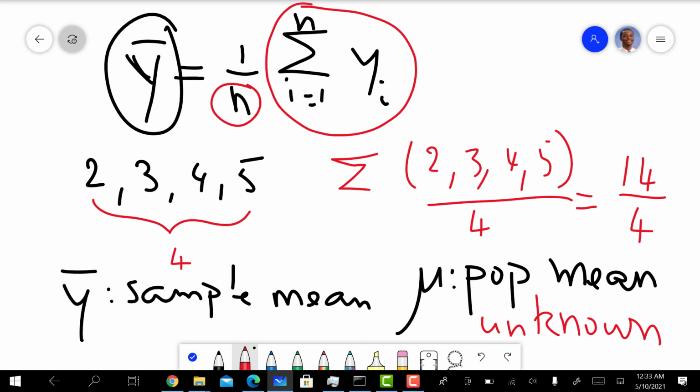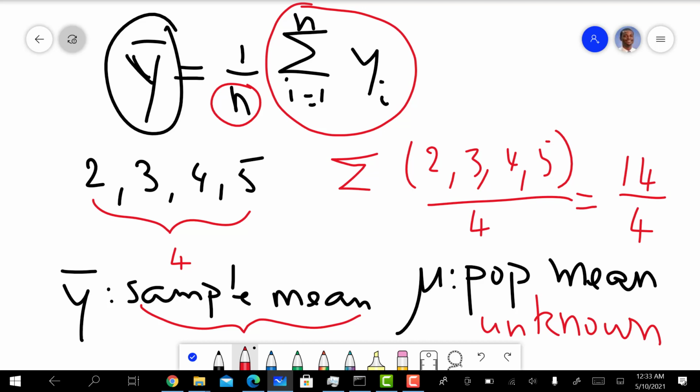The only way you can read the population mean is to get some type of sample, which is representative enough of the population, and attribute the value of the sample mean to the population mean. So that's the only thing you can do. It's very unlikely for you to know the exact value of the population mean. So this is the main difference between population mean and sample mean.